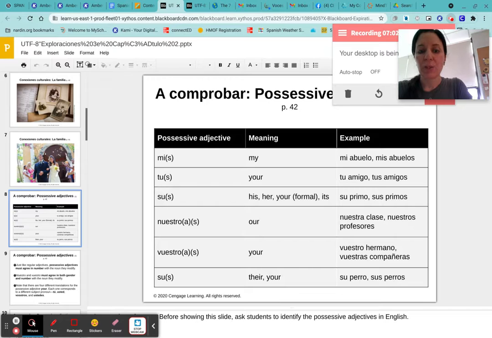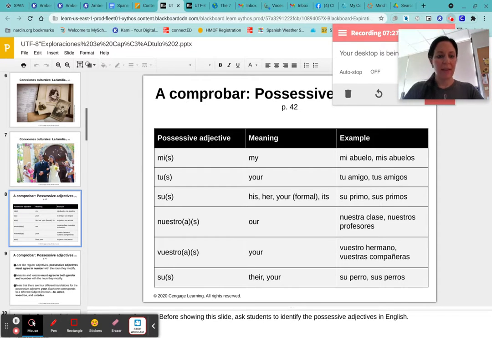Then we have vuestro, which is like vosotros, you guys or your. So when we say vuestro hermano, what are we saying in English? It's like y'all's brother. You guys' brother. It's bad English, but. And then same with compañeras. When I say vuestras compañeras, what am I saying? I'm saying like you guys' or your companions or classmates.